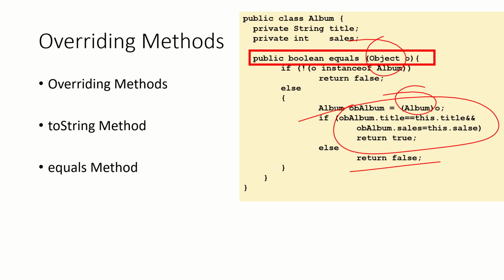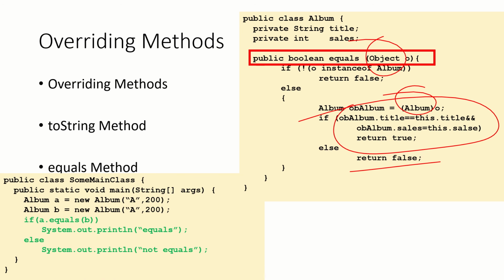So there are two methods you need to understand and follow the format to override. If we do something like this, we create two objects with the same value. But are they equal? Are they the same object?